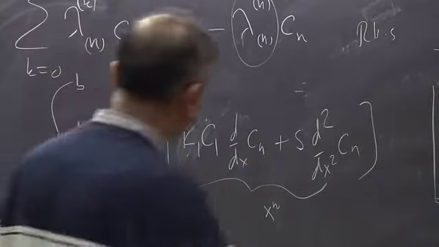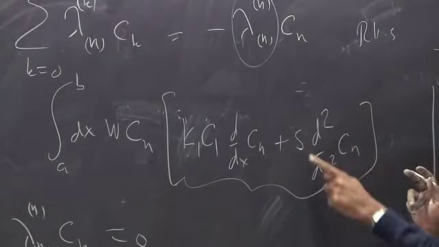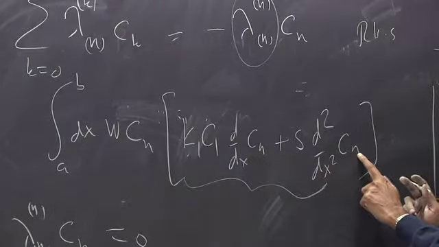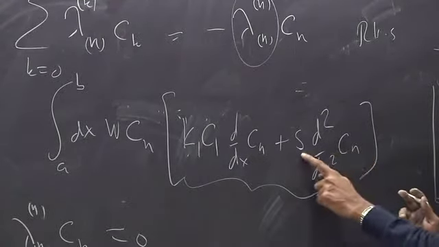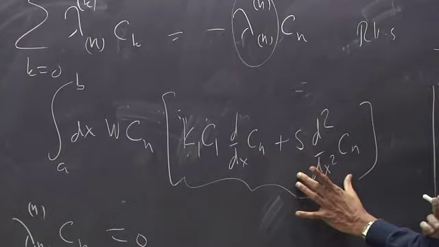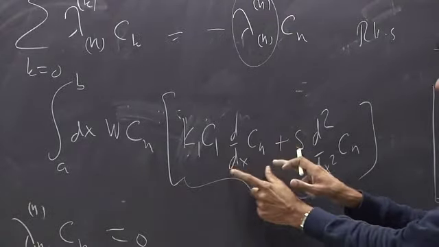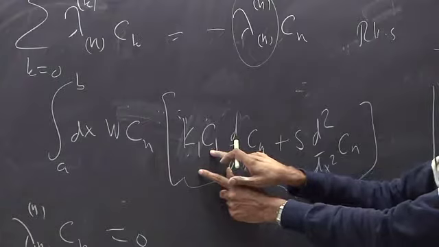This is an nth degree polynomial. Why? Because this has 2 derivatives on Cn, so it's n minus 2, but then s is at most quadratic, so this will be at most nth degree. Similarly, here there is one derivative, so it becomes n minus 1, but that is linear, so it is nth degree.